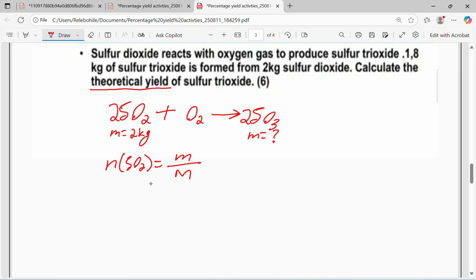Then I will substitute my mass with 2 divided by the molar mass of sulfur dioxide. How do I find the molar mass of sulfur dioxide? M of SO2 is equal to 32, which is the molar mass of sulfur, plus 2 of my oxygens multiplied by the molar mass of oxygen, which is 16.